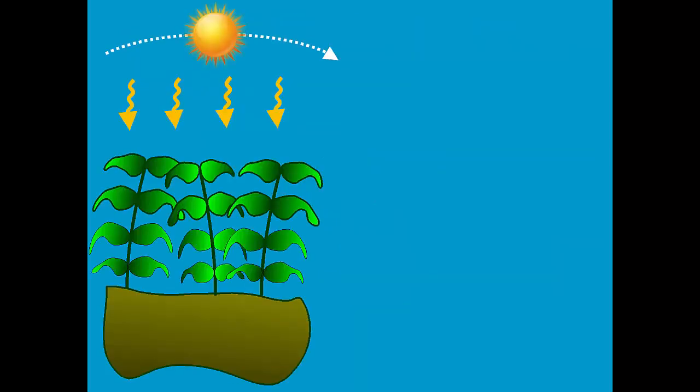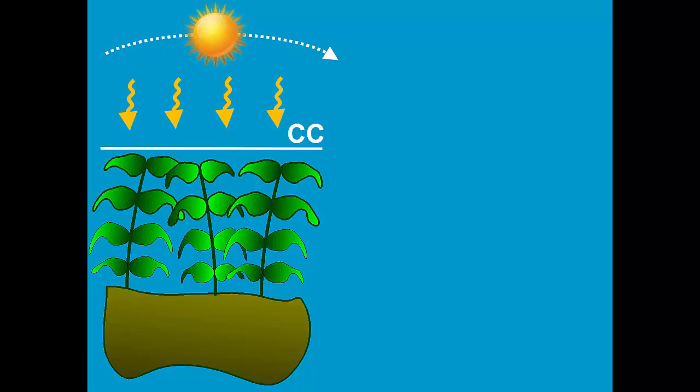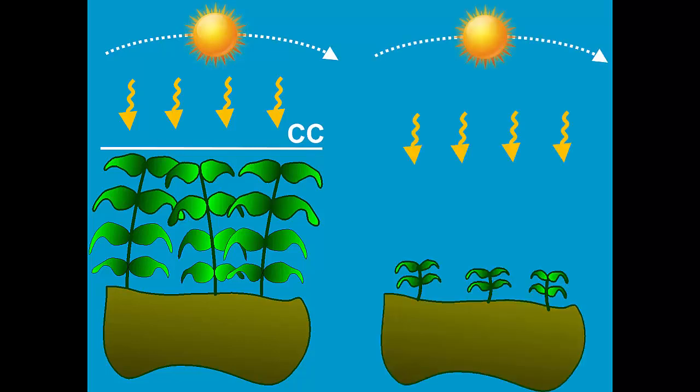When the crop is well developed, Cc is large, and the crop surface, which receives energy, is more or less the same as the canopy cover. However, when the crop is still very small, Cc will be small, and the surface on which the crop receives energy is still relatively small.